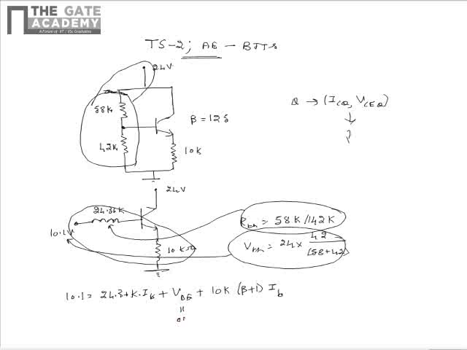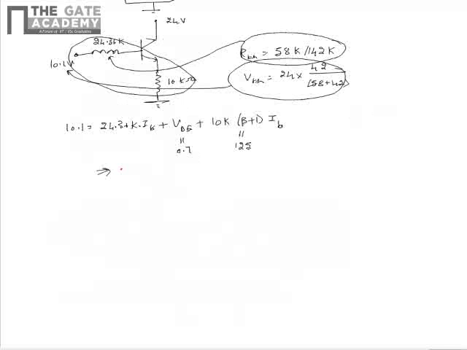Here we know that VBE is equal to 0.7 volts and beta is equal to 125. Upon substituting for these values, we see that IB, which is IBQ, gets evaluated as 7.32 microampere. From this we can get the Q point value for ICQ as ICQ is equal to beta times IBQ.